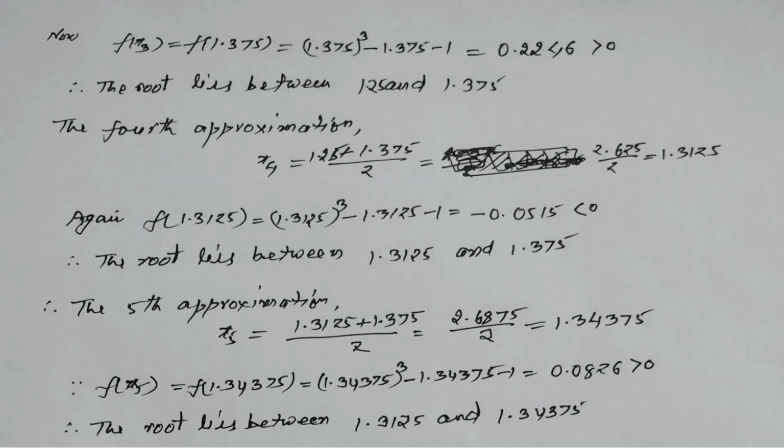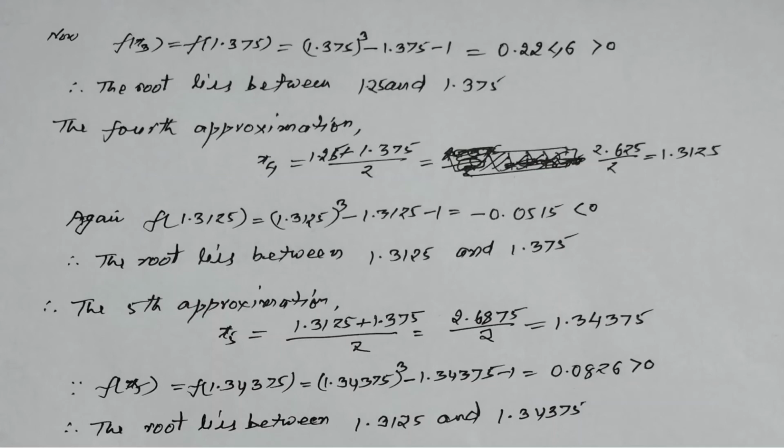Now, the fifth approximation x5 will be (1.3125 plus 1.375) by 2, which is equal to 2.6875 by 2, which is equal to 1.34375. This is fifth approximation. Now we find the value of function at this point, x5 equal to 1.34375.